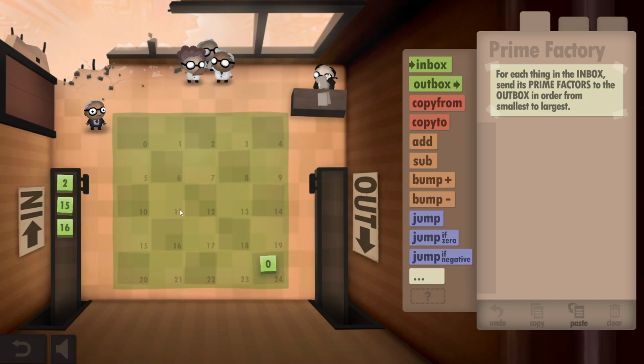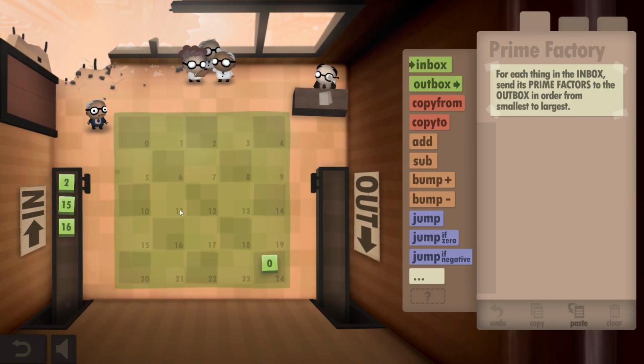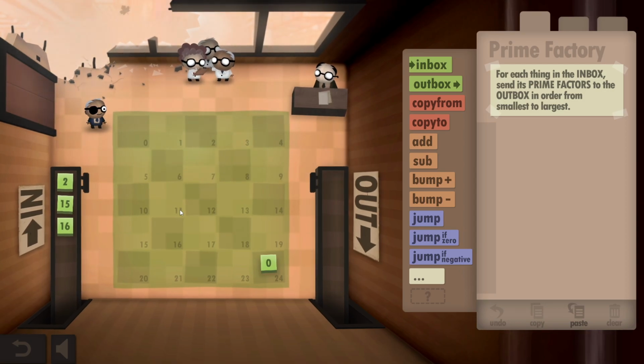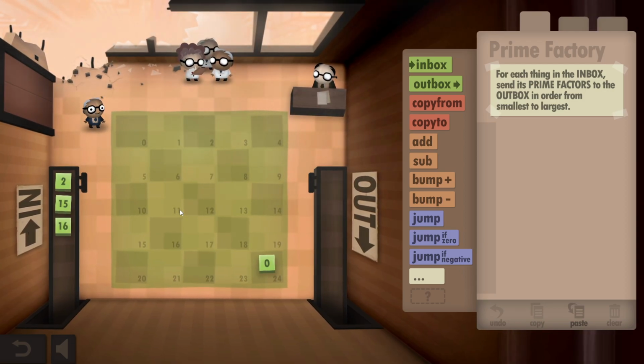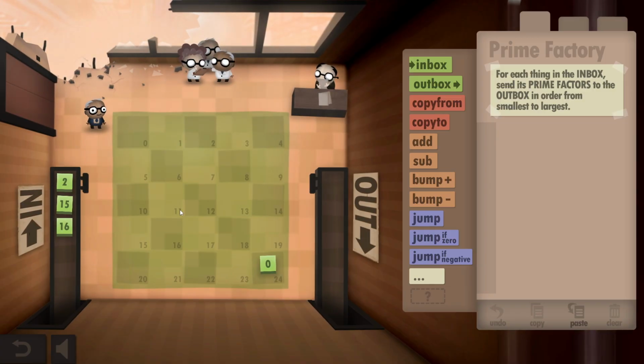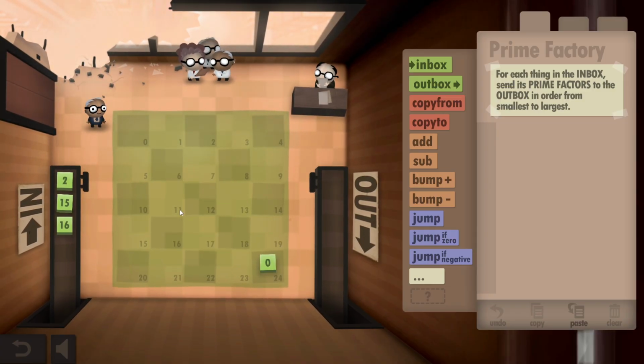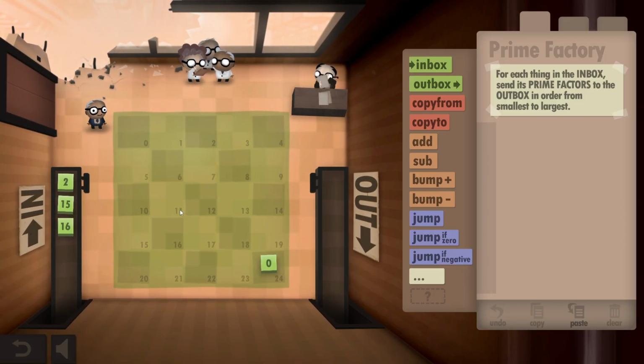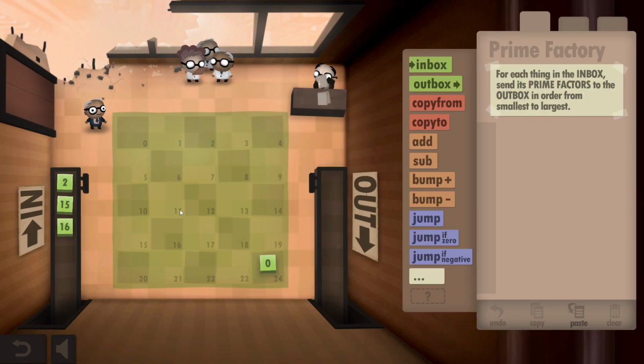So, okay, we have 2 as the first one. It's a prime number, right?